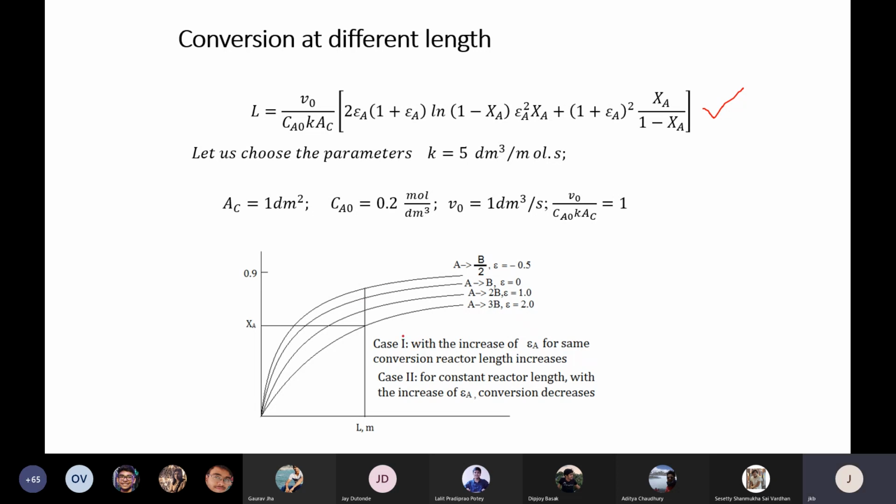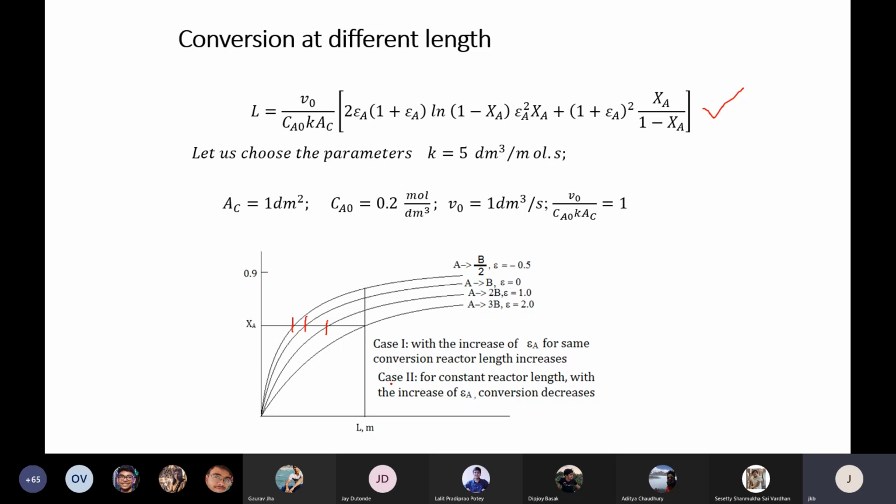So what is case 1? With increase of epsilon, at constant conversion, length will increase. So for the same conversion, here is length L1, this is L2, this is L3, and this is L4. So gradually L will increase if we change the stoichiometric equation.